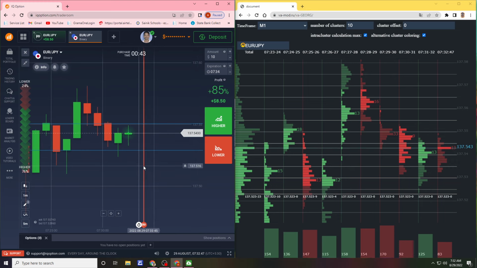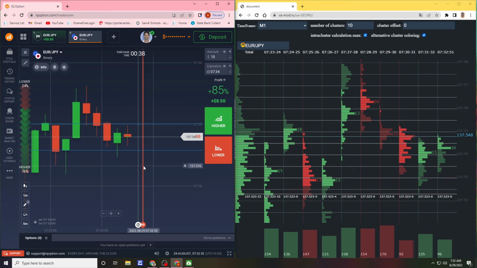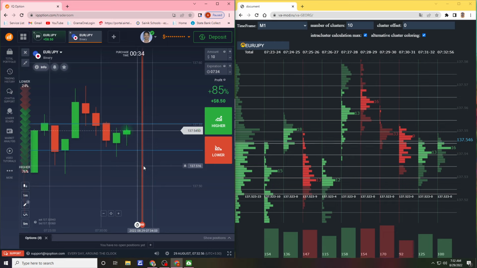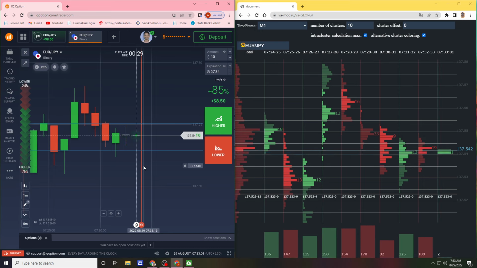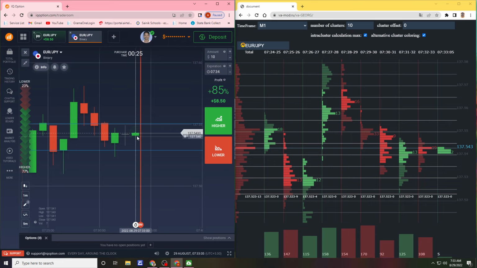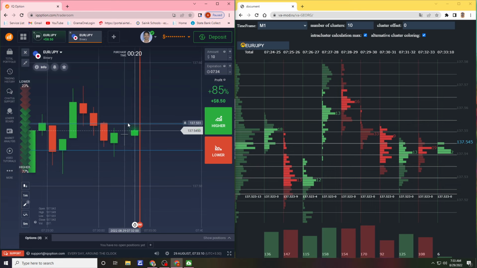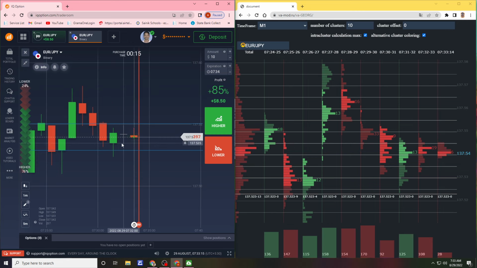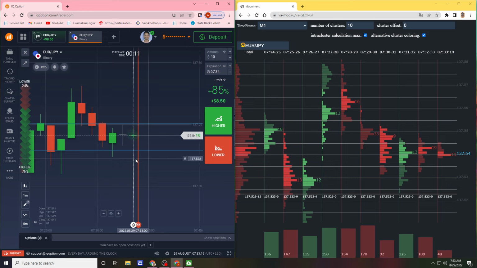I will wait for correct confirmation to enter this trade. I will wait for the test of this POC. Okay, there is a doji candle, leave it. You have to wait for correct confirmation to enter a trade.